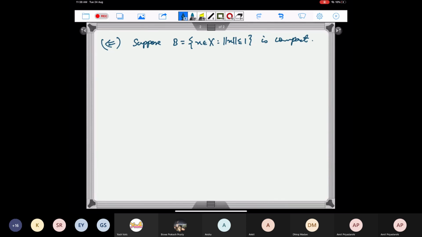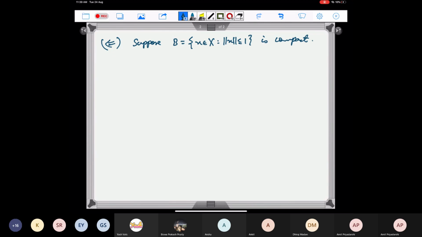Then we have to show that this X is finite dimensional. So first of all, because B is compact, if I take any open cover of B, then it will have a finite subcover. Right?